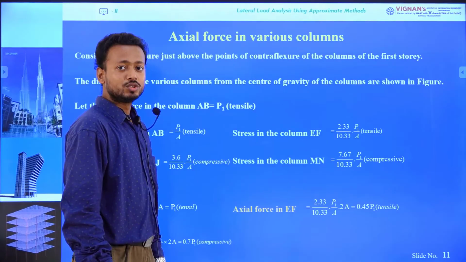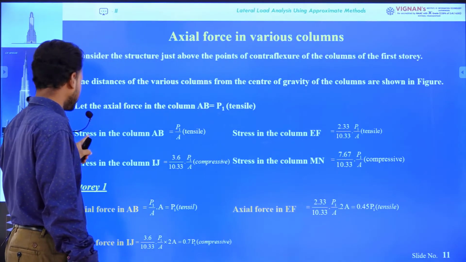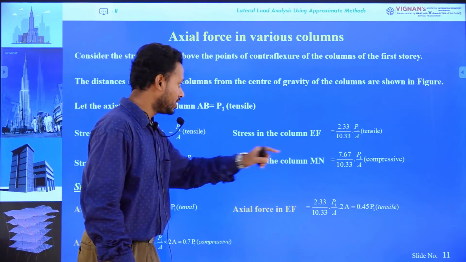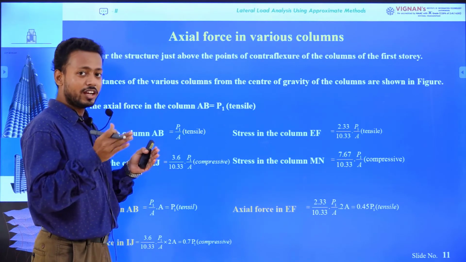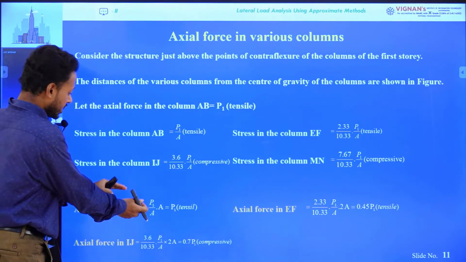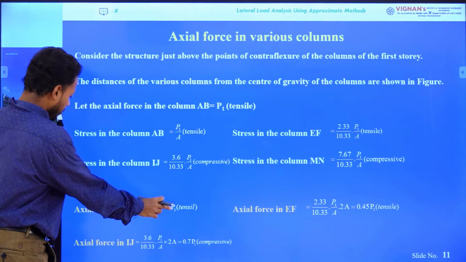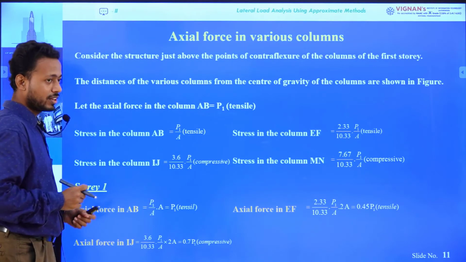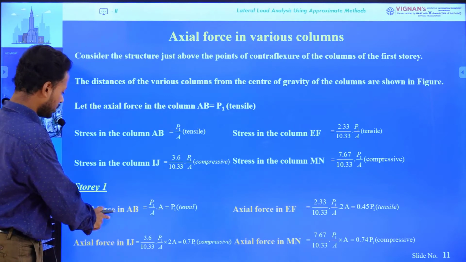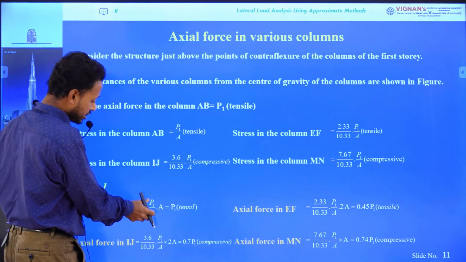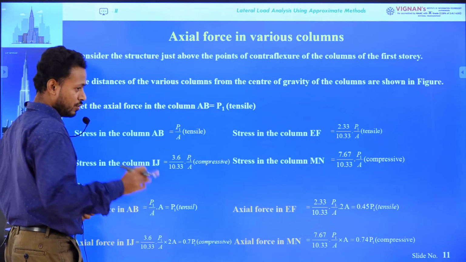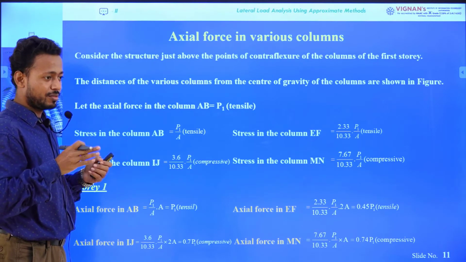Okay. So once we calculate the stress in the columns AB, EF, IJ and MN, we know stress into area will be the force. So stress into area will give the axial force in the particular column. Similarly, you can calculate the axial force in AB by multiplying the corresponding stress with area, and the area for the exterior column is A and the interior column is 2A.